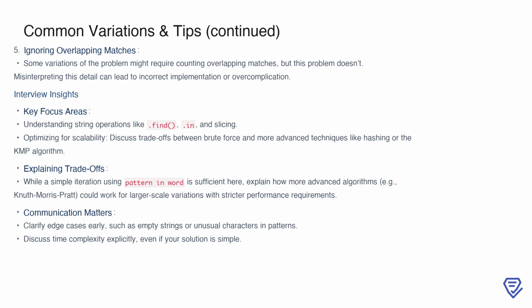Clear communication is critical. Make sure to clarify edge cases, such as empty strings or unusual characters, early in your explanation. Additionally, explicitly discussing time complexity is always a good practice, even if you're using a simple solution. These skills will help you stand out in an interview.